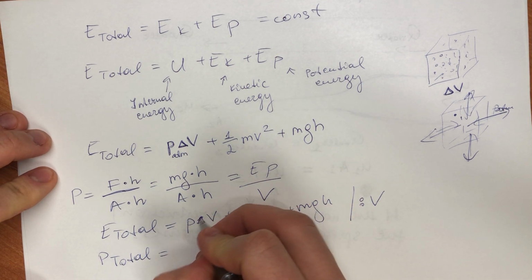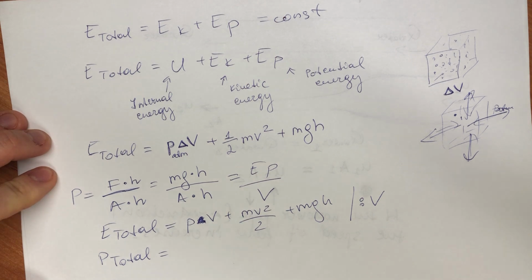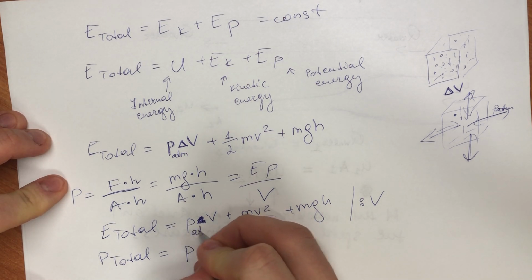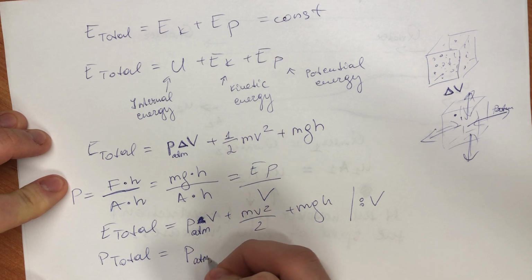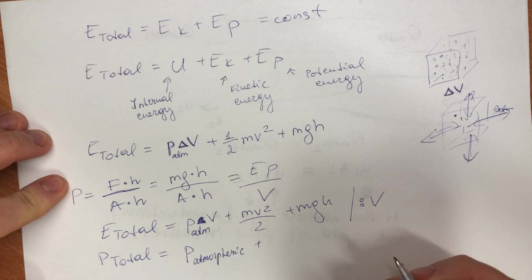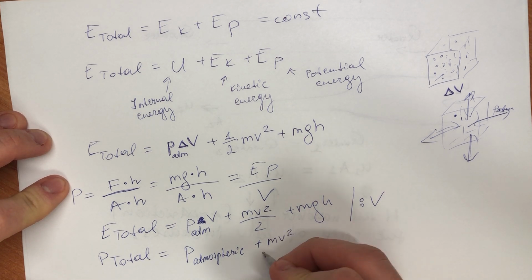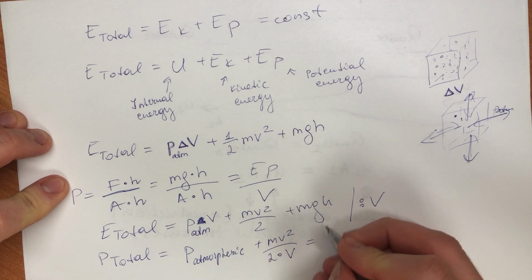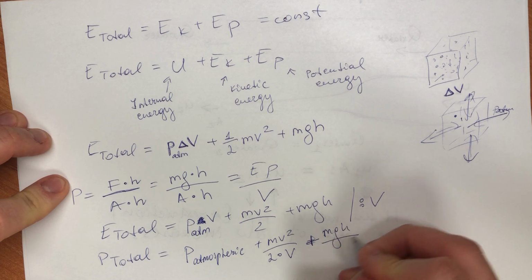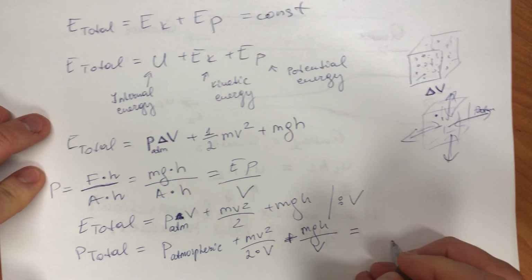Here we can write delta V, doesn't matter delta this time, because let's say it's expanded from 0. We have here P, this was atmospheric pressure, plus mv squared over 2V. Here we have plus mgh divided by V. What do we get?